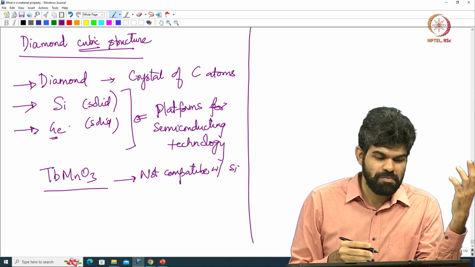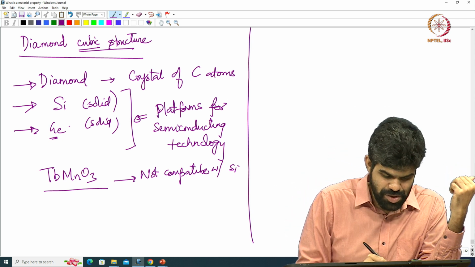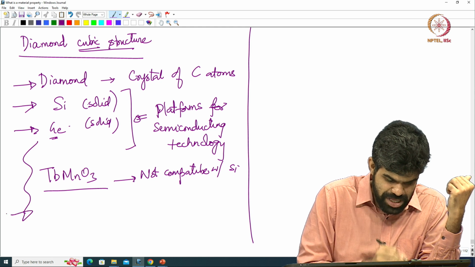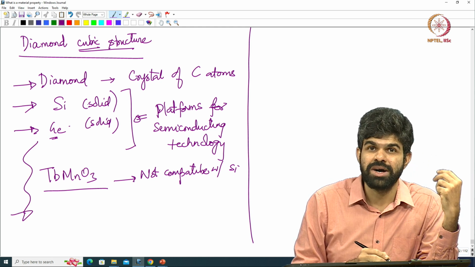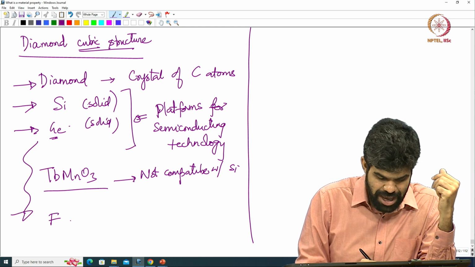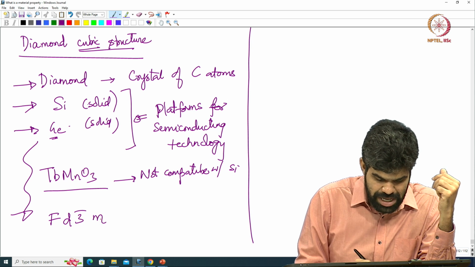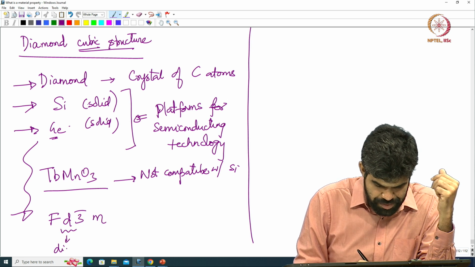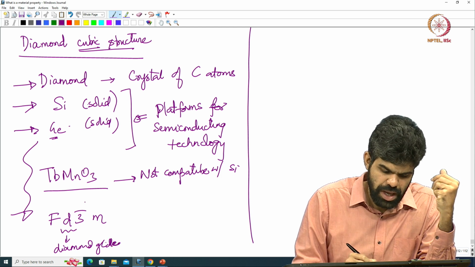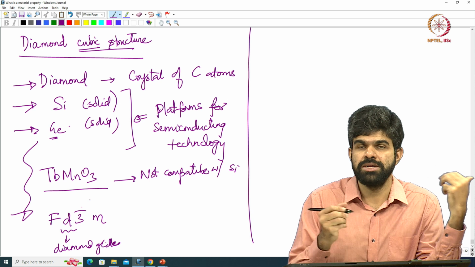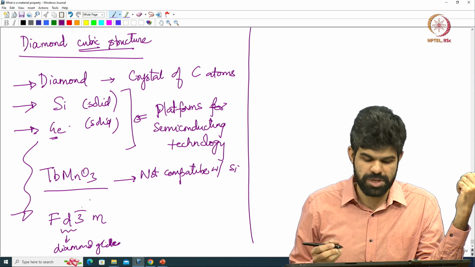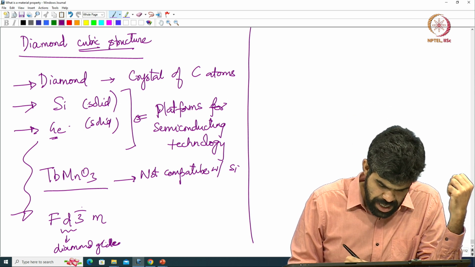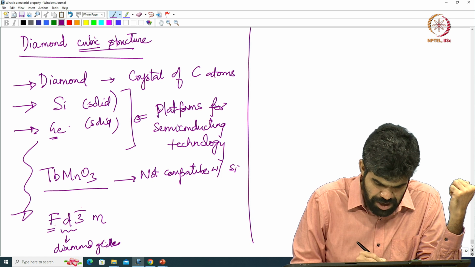Coincidentally, the space group of all these crystals is Fd3̄m. D for a diamond glide, 3̄m is the normal point group symmetry, and F for face symmetry.